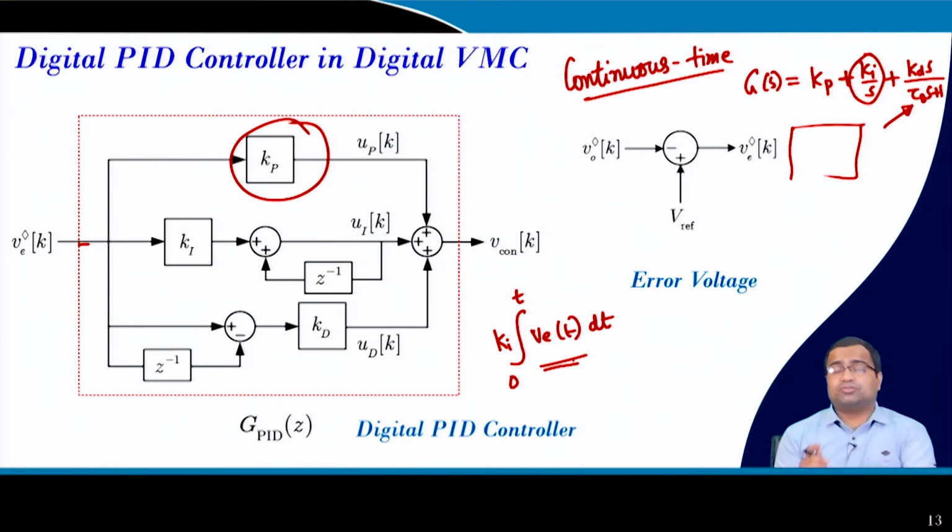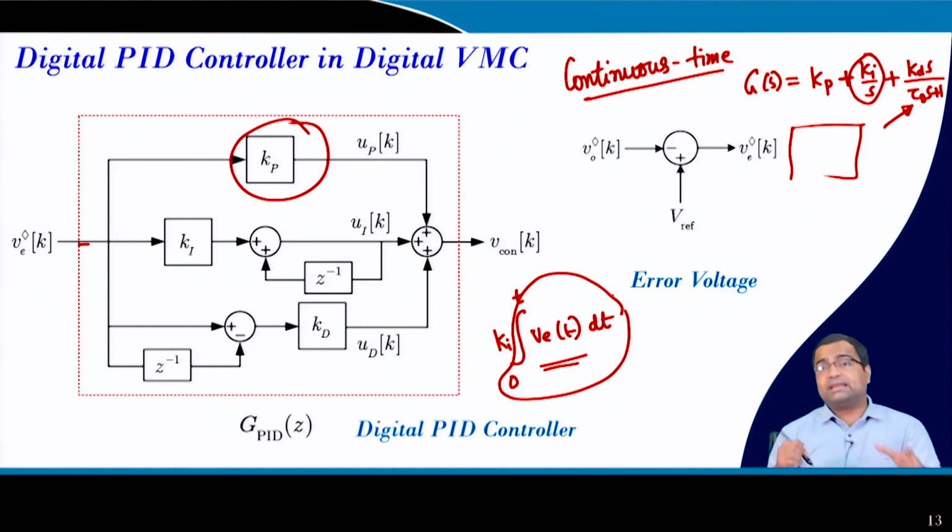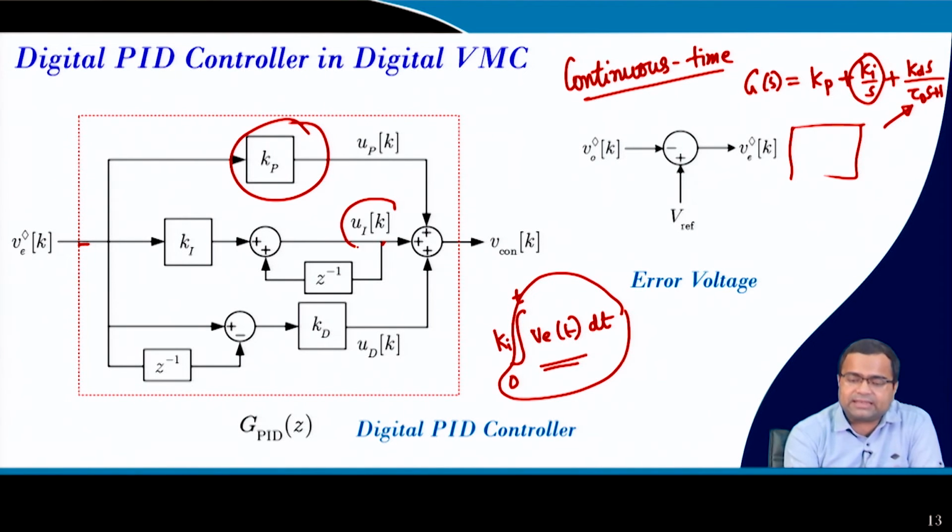In digital control, this block can be approximated like a summing block, because the integration becomes a summation when you move from continuous time to discrete time, and this can be realized by means of an incremental algorithm, also called the velocity algorithm.